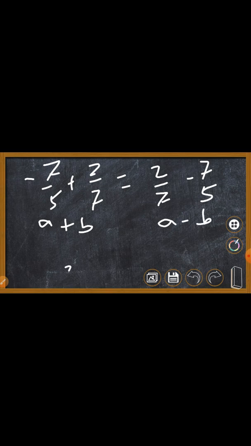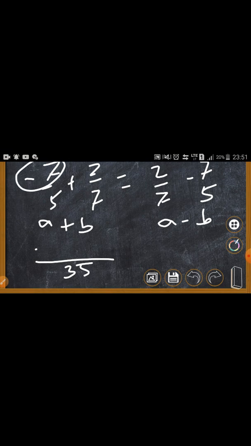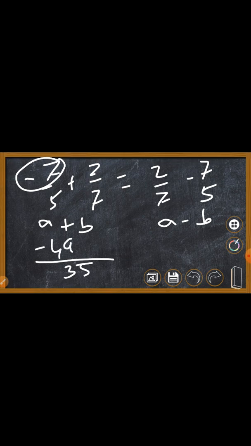If I take the LCM, it will be 35. Yes, 5 sevens are 35, so minus 7 into 7 is minus 49, minus 49 plus 10. Yes, minus 49 plus 10.